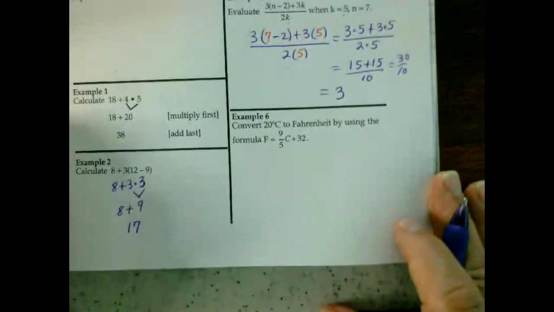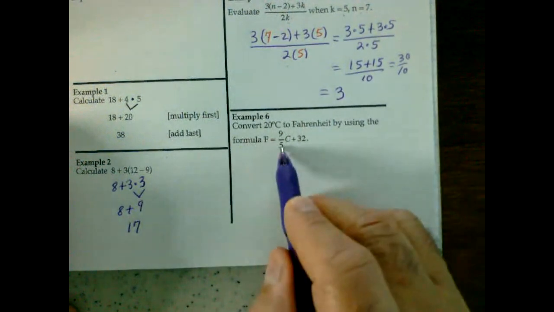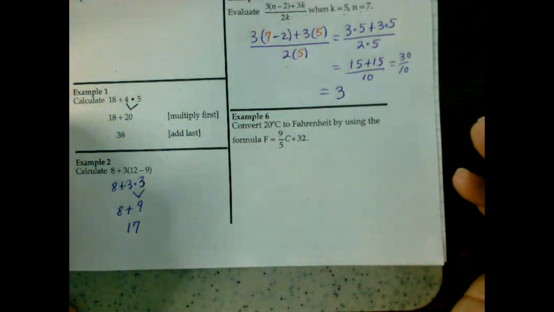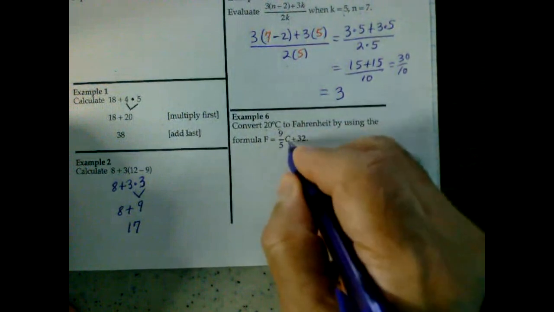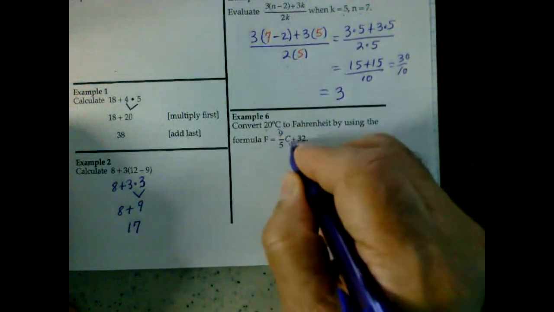Now take a look at the last one. This is a formula, and it has been shown that this Fahrenheit and Celsius formula is a very popular item on the TSI. I'm going to take the 20 degrees Celsius, and I have to put it right here where the C is, not where the F is, where the C is.